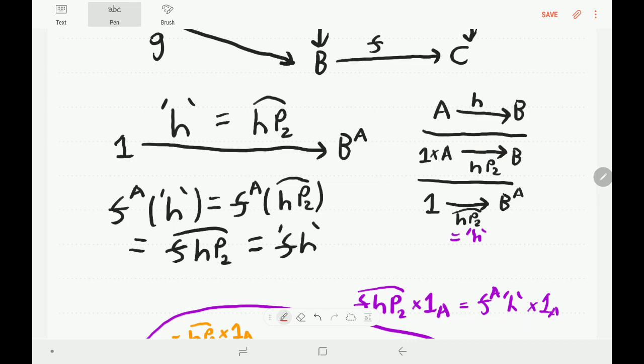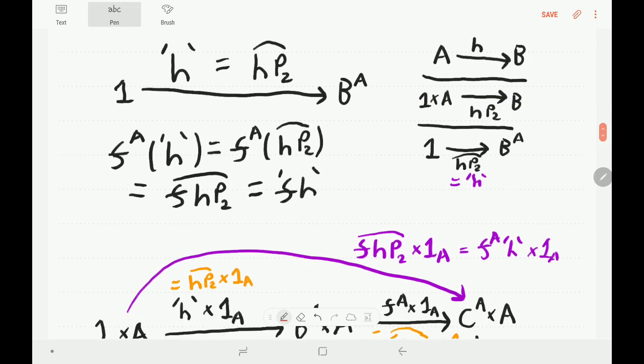So it's sort of like saying, oh, well, instead of having a function from a set to a set, I've got a function from a constant paired with a set to a set. It doesn't really make much difference. But anyway, this is the name of H, okay? And when we do the transpose of the name of H, we just get H after P2, which is almost equivalent to H, okay?